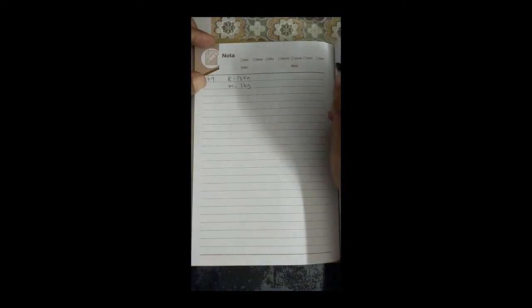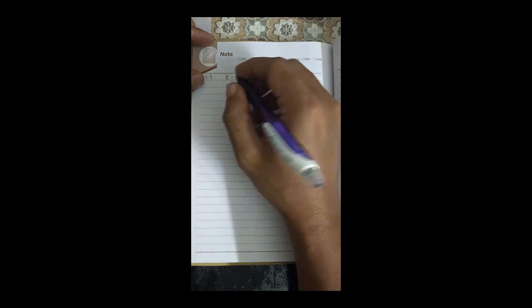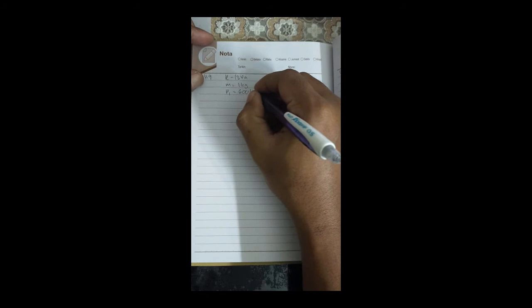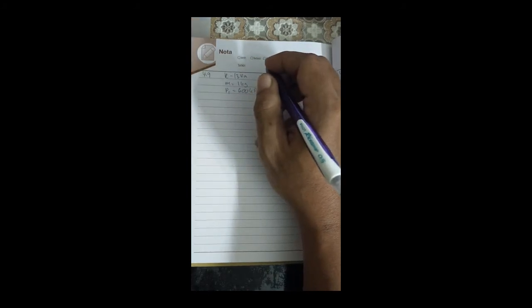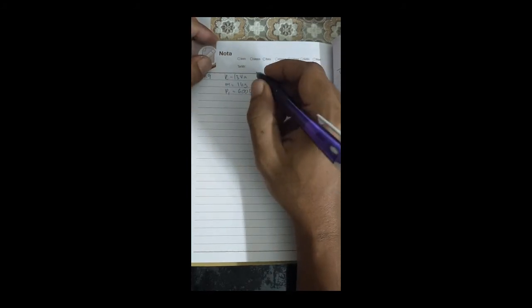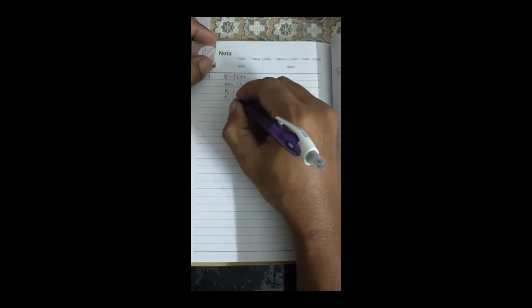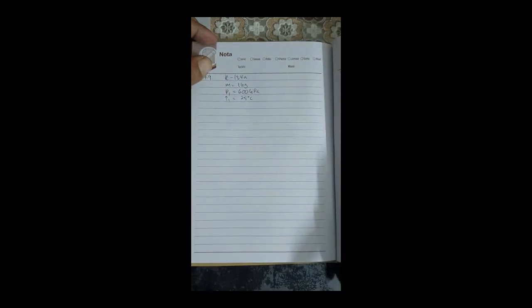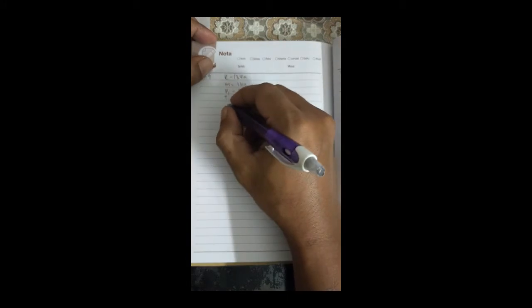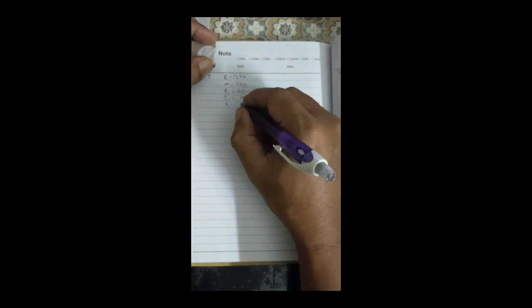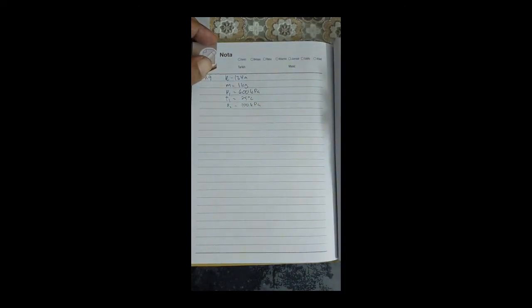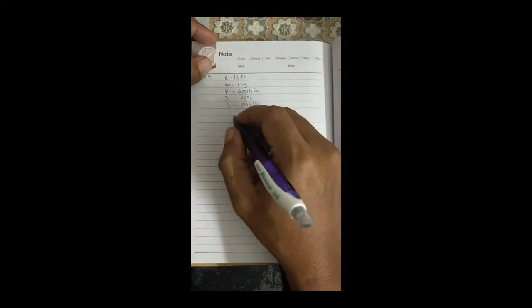The inlet P1 is 600 kPa, and T1 is 25 degrees C. Then P2 is 100 kPa.